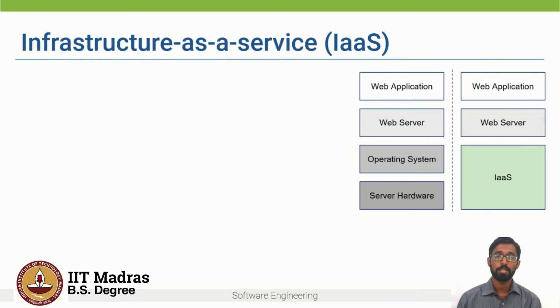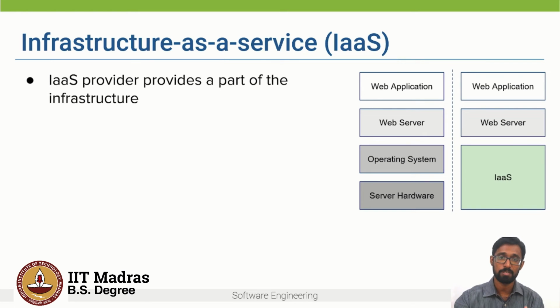Another hosting option is to use an infrastructure as a service, or IaaS, provider. So what does the IaaS provider do? The IaaS provider provides a part of that infrastructure to you. The IaaS provider procures the server hardware, configures an operating system on that, and provides a part of this infrastructure to you for a particular fee.